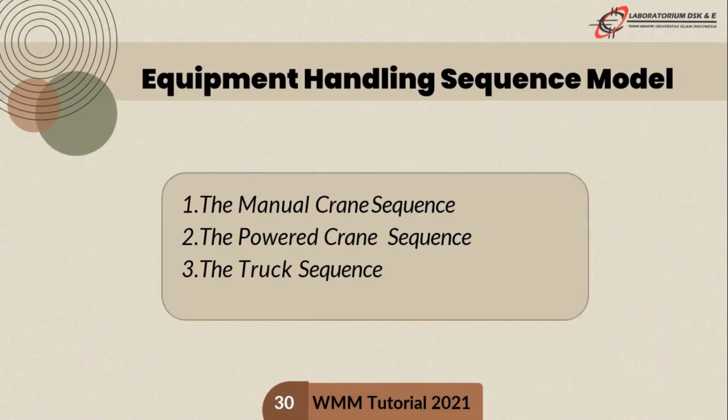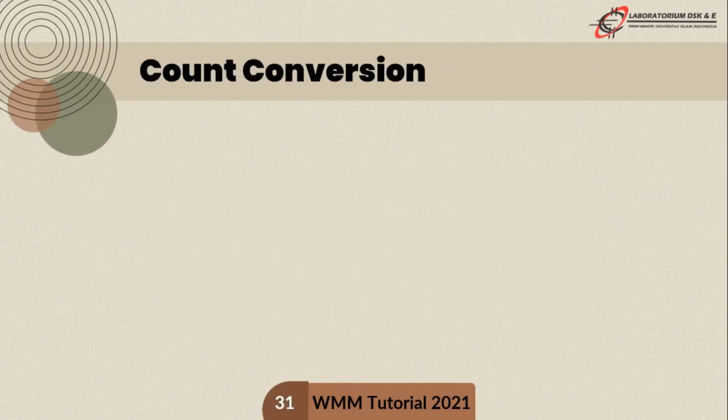Okay, next we have the equipment handling sequence model. There are 3 sequences: manual crane, powered crane, and truck sequence. And then finally, we arrive at conversion.